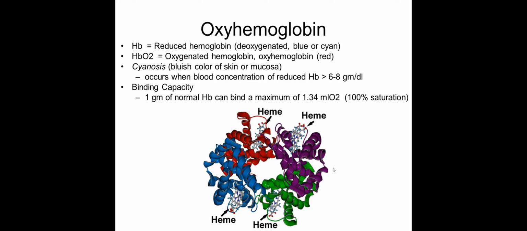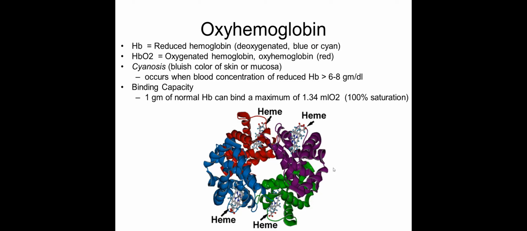We've talked about cyanosis, and I've mentioned before that you have to have a hemoglobin that's high enough to be able to see that cyan color. Now here I put greater than 6 to 8 grams per deciliter. But sometimes you can see it even lower. So I think I've written in your homework 5 grams per deciliter.